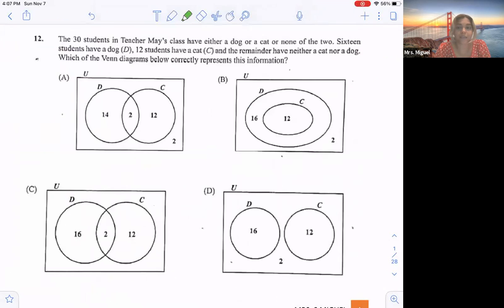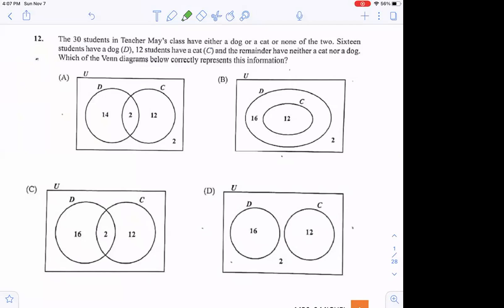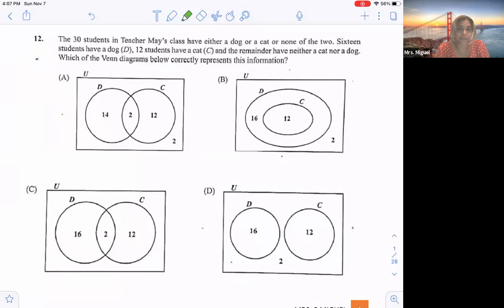The 30 students in Teacher May's class either have a dog or a cat or none of the two. 16 students have a dog, 12 students have a cat, and the remainder have neither a dog nor a cat. Which of the following below correctly represents this information? So here's what we have.